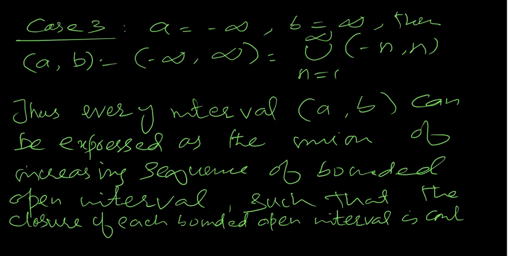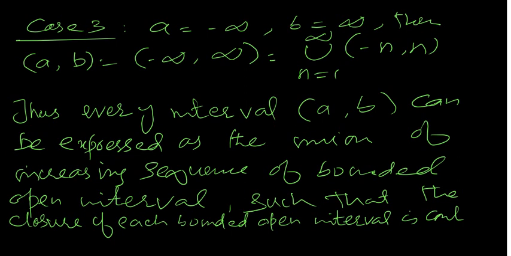We do it for each bounded open interval, and each such set is countable. Then we take the union of all discontinuities, which is a countable union of countable sets, because we have only countably many intervals, and each interval contains only countably many discontinuities, which is again a countable set.